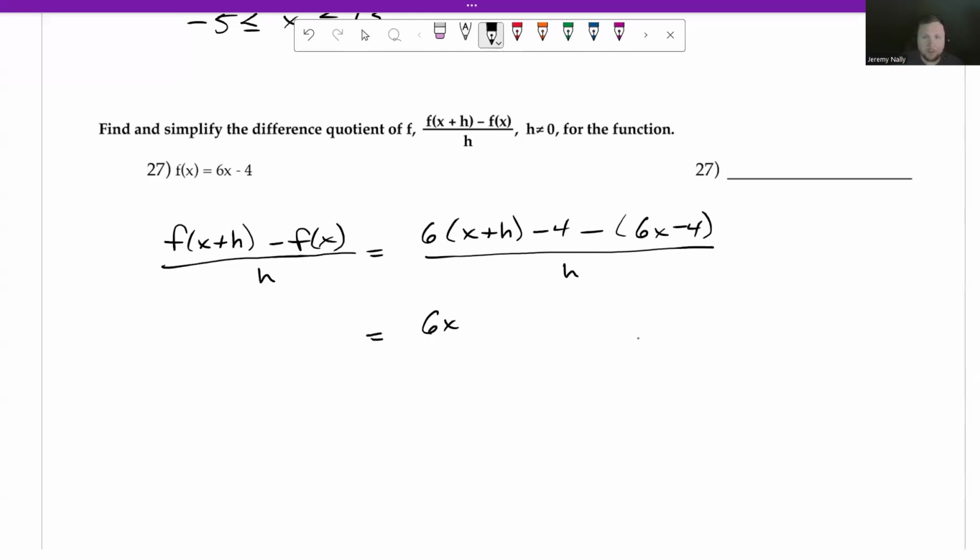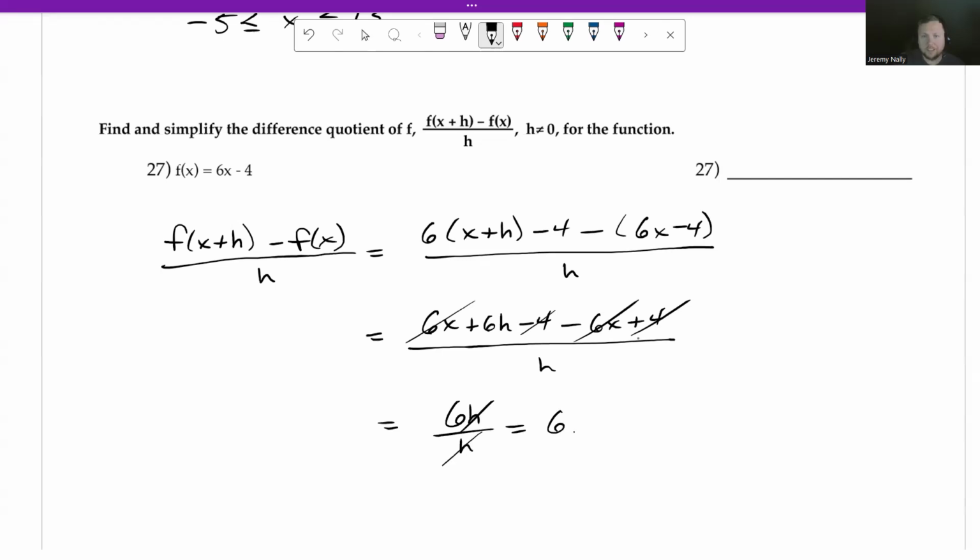Okay, distribute. So I have 6x plus 6h minus 4 minus 6x plus 4. So then up top, the 6x's cancel, the 4's cancel, and then I'm left with 6h over h, and then the h's cancel. So I get 6.